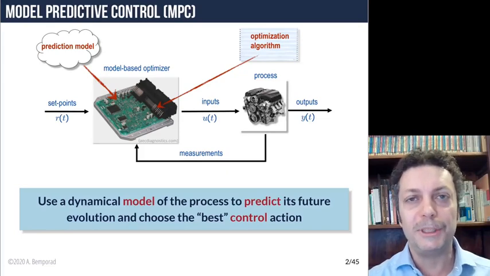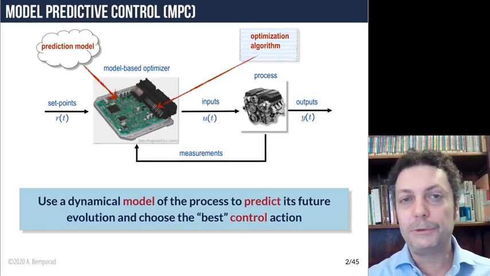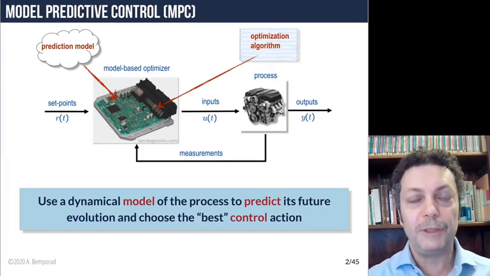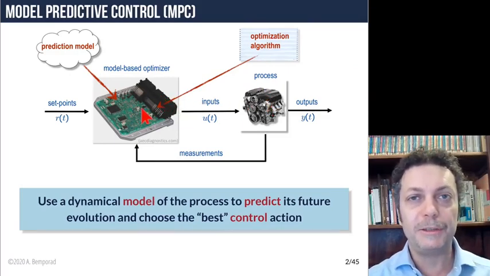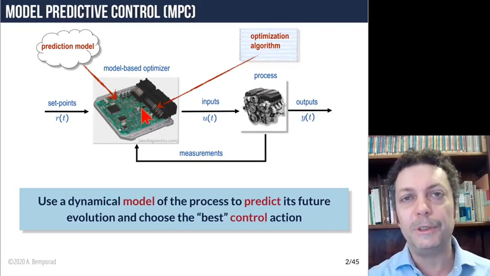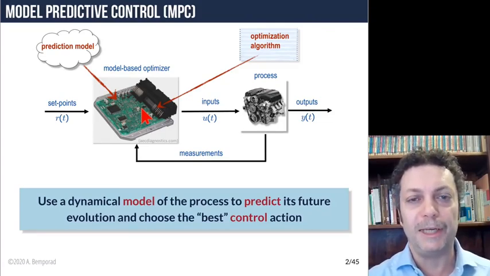So what is modern predictive control? It is a control technique, so we have a feedback loop. The particular feature of MPC is to use in the controller a model of the process that we are controlling to make predictions of what the process will do if a certain sequence of manipulated variables is applied.